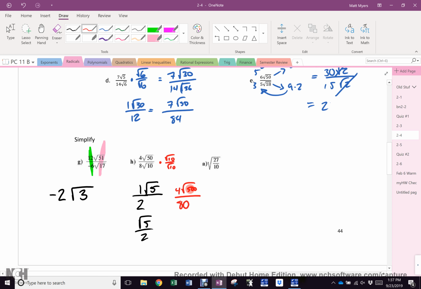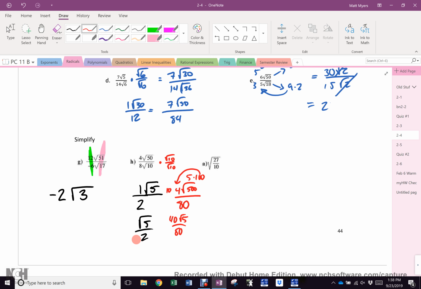And 500 is 5 times 100, yes? What's going to happen with that 100? I'm going to bring out 10. 40 root 5 over 80. 40 and 80 work together to make 1/2. Everybody good?